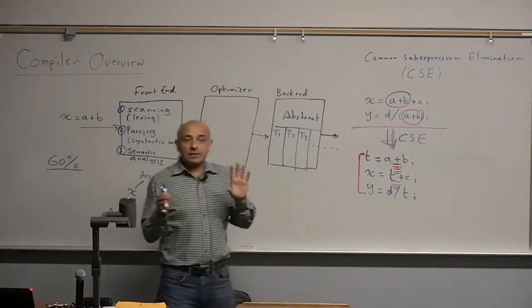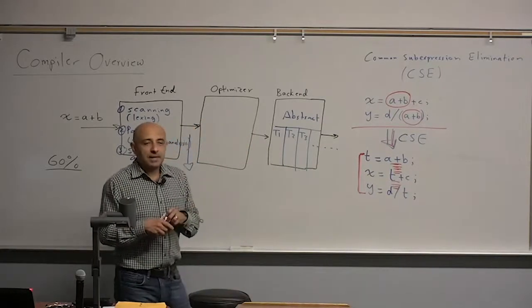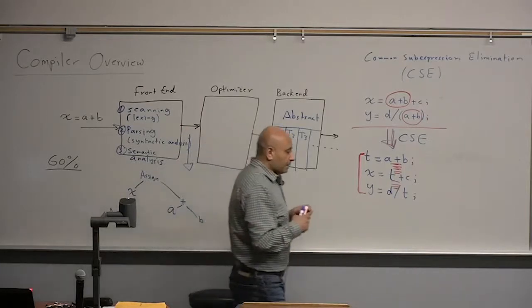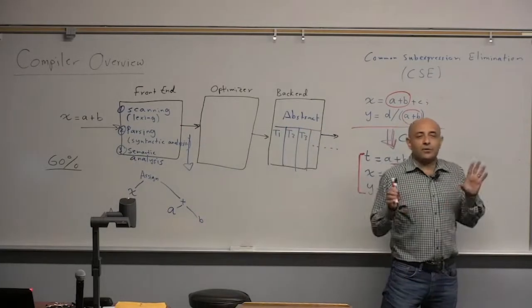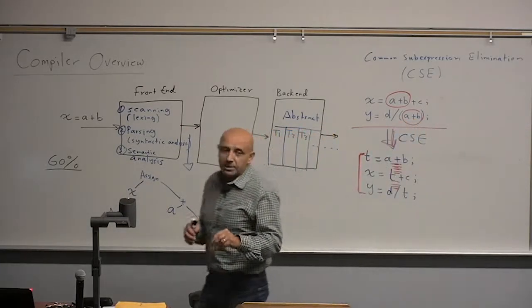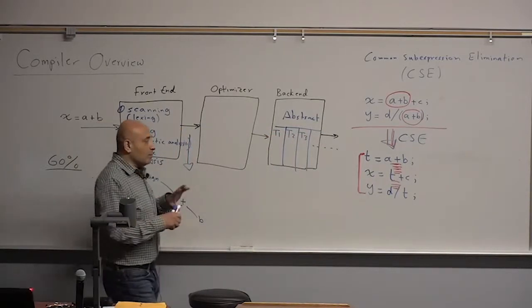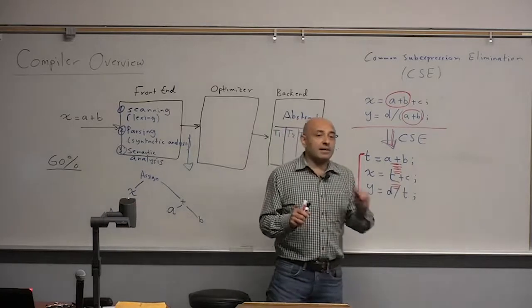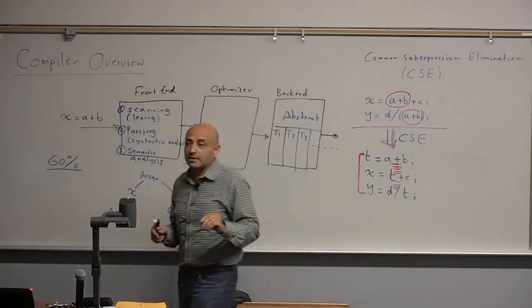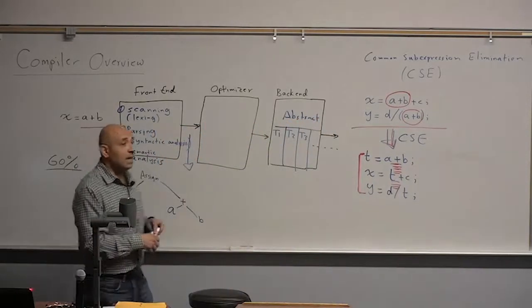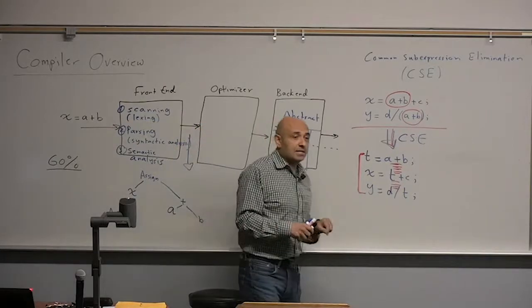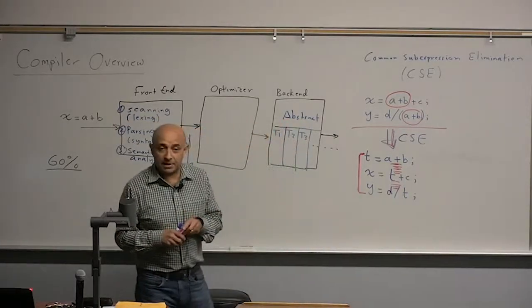The point here is that any transformation, I hate to say optimization because it's not guaranteed to make things even better. Not to mention optimality. It's not even guaranteed to make things better. It could make things worse. But compilers do optimizations in the hope that they will make things better.